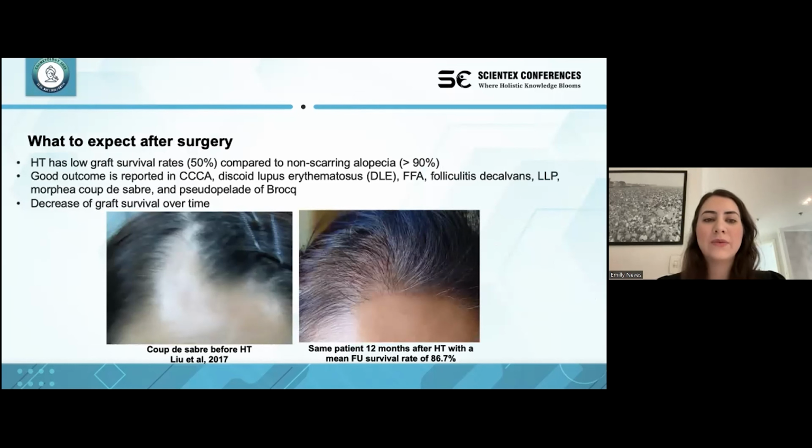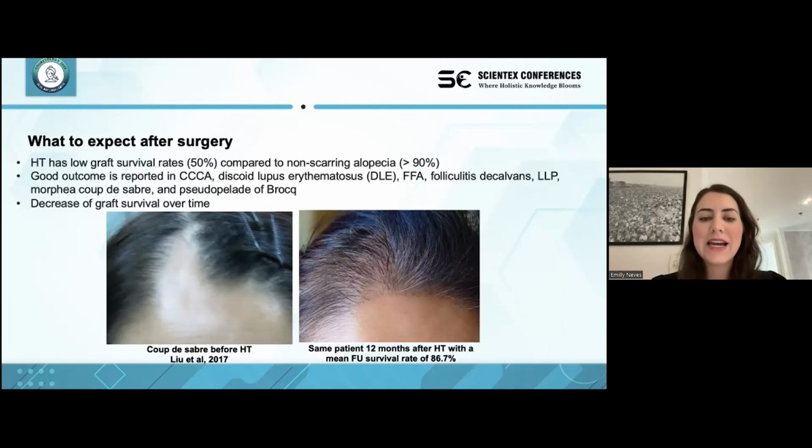We already know that hair transplantation has lower graft survival rates when compared to non-scarring alopecias, and good outcomes have been reported in central centrifugal cicatricial alopecia, lupus erythematosus, frontal fibrosing alopecia, folliculitis decalvans, and other cicatricial alopecias. But some articles already show us a decrease of graft survival over time.